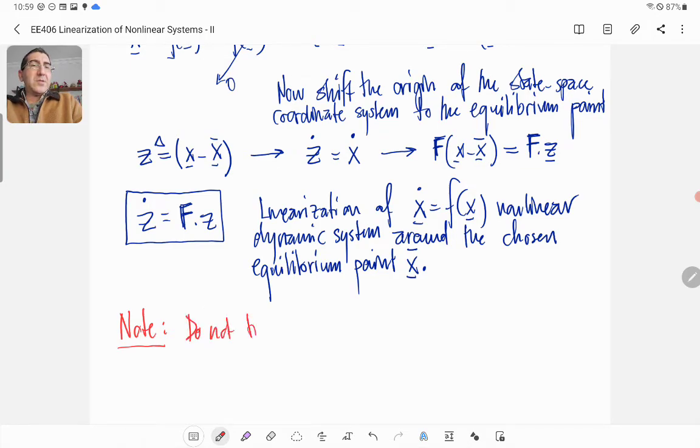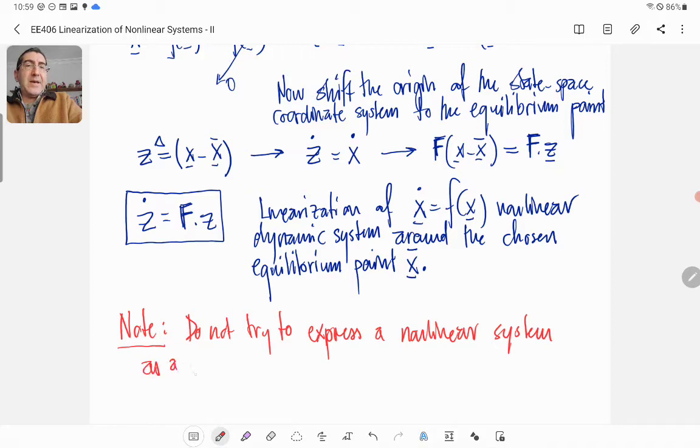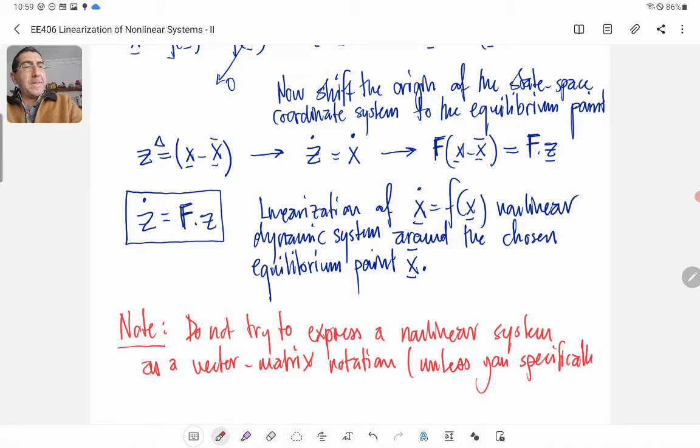Do not try to express a nonlinear system as a vector matrix notation unless you specifically find a linear approximation.